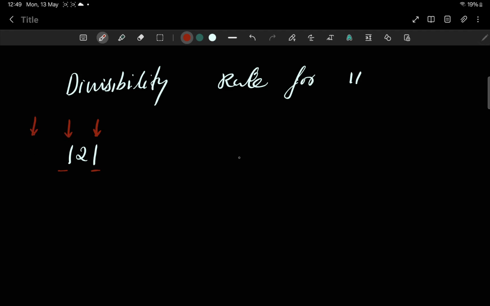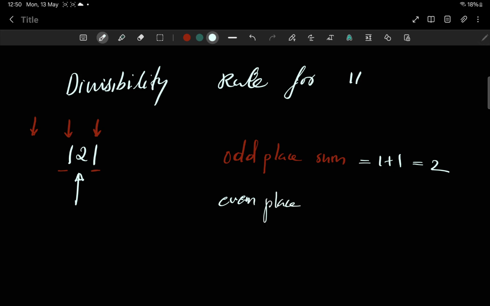So the odd place sum here is 1 plus 1, which is equal to 2. Then the even place, this is the second place, so the even place sum is, here only one number, so it is 2.